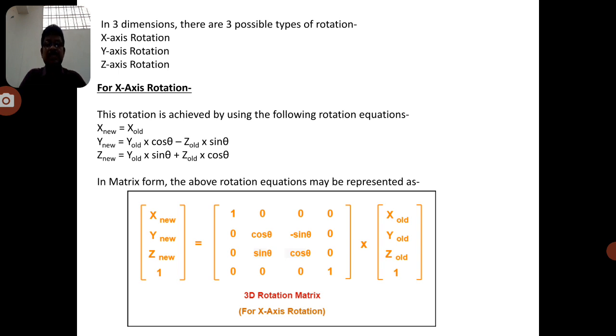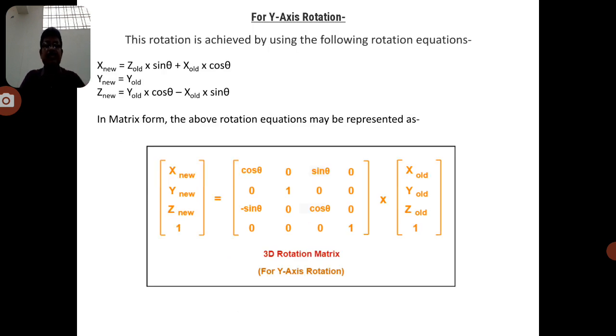That's why there is no change on the x coordinate. And for the y and z coordinates, the rows are 0, cos theta, minus sin theta, 0; 0, sin theta, cos theta, 0; and 0, 0, 0, 1, multiplied by x old, y old, z old and 1. The 1 is from the unity matrix, which is homogeneous. This is the notation of the 3D rotation matrix for the x-axis.